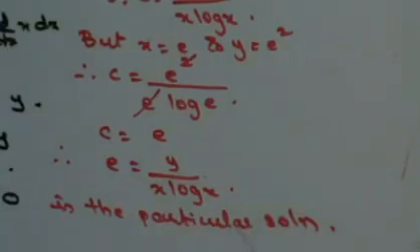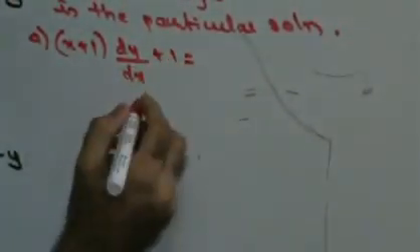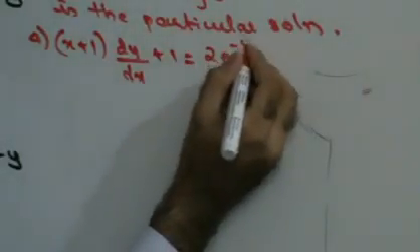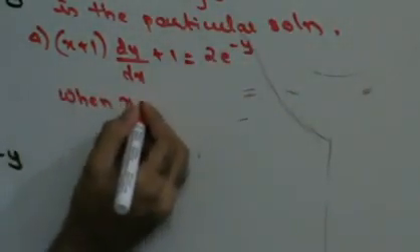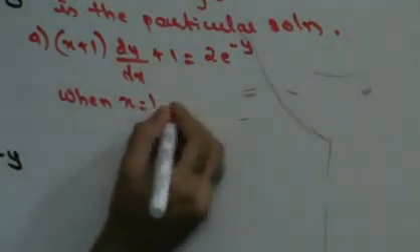Next, let's see another sum, guys. x plus 1 dy by dx plus 1 is equal to 2e raised to minus y, when x is equal to 1 and y is equal to 0. Right, let's see this.